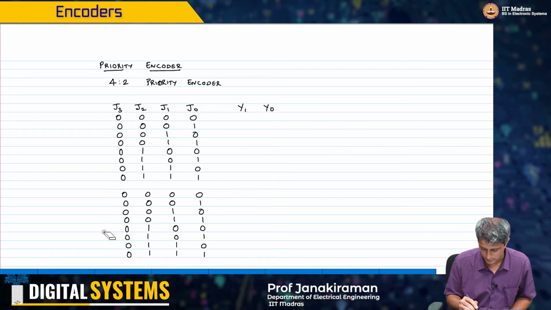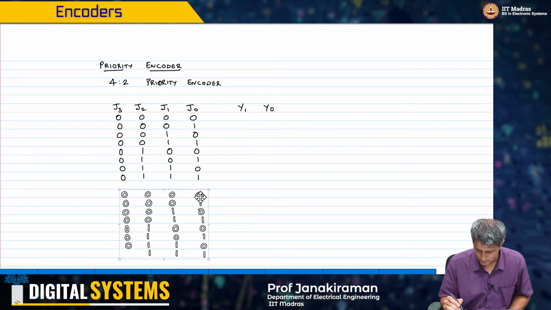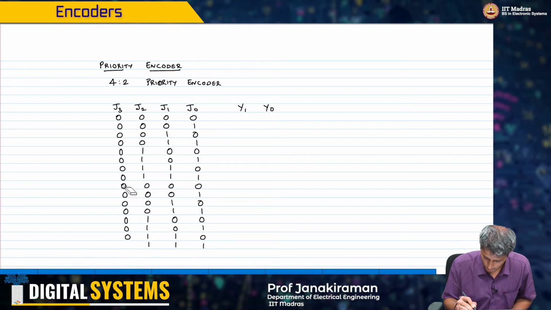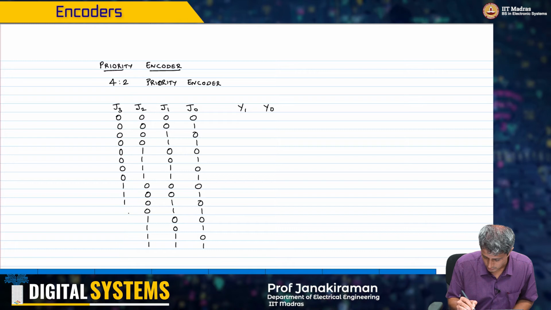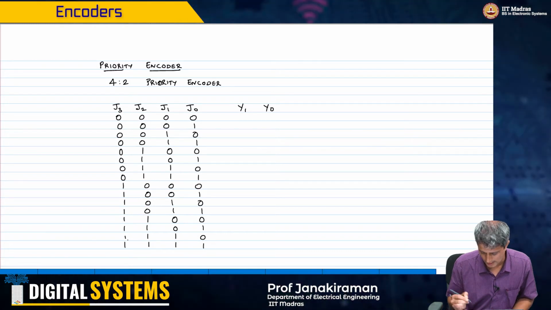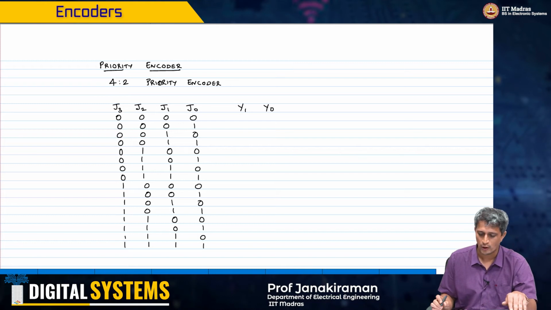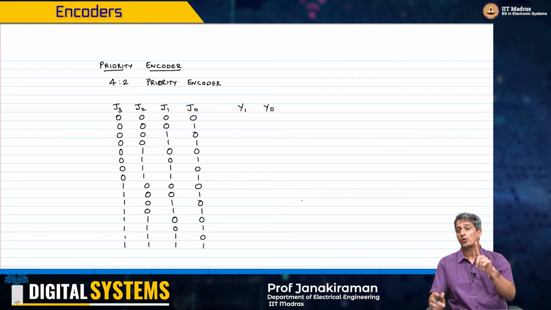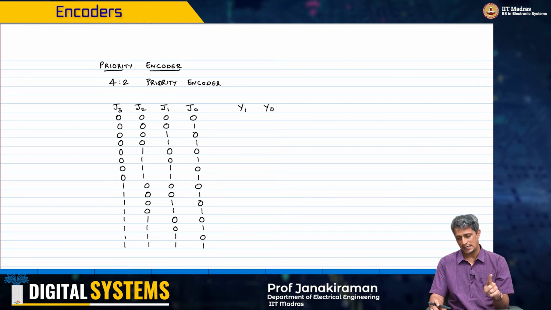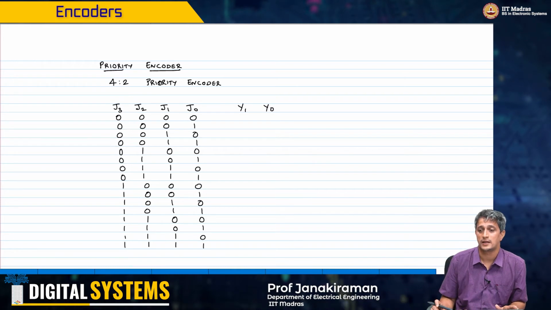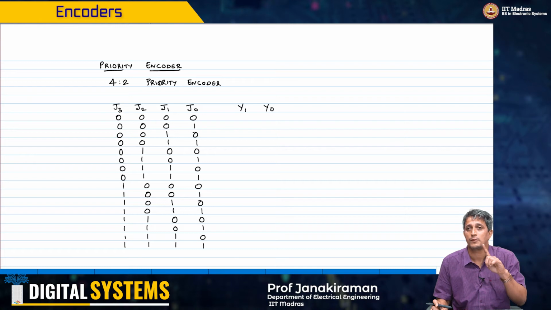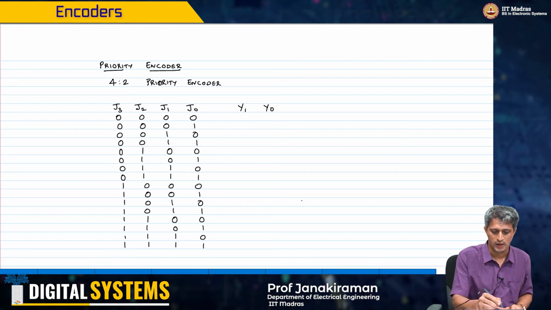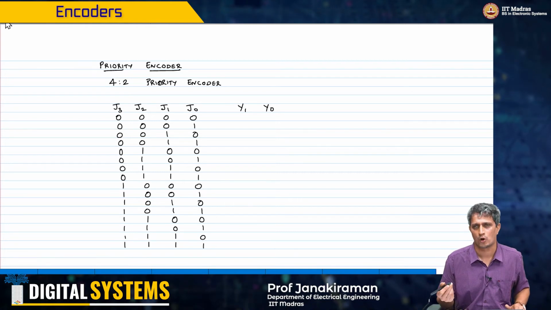Yes, so now I am going to simply replace this with all ones. Okay, so now what we are going to do in this priority encoder is, whenever there is a clash, let's say more than one input happens to be high, we are going to say that the output will get prioritized to, let's say, the lower number input. Okay, that could be the case, or it could be higher number also, in any case.